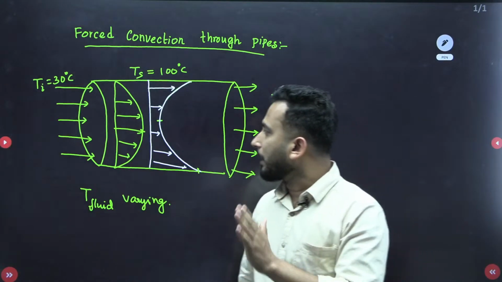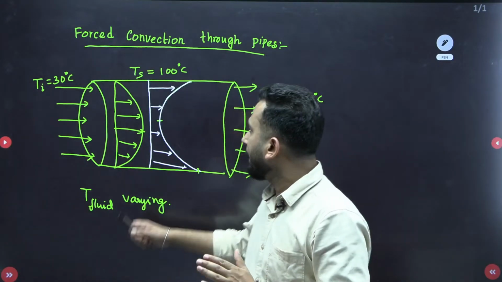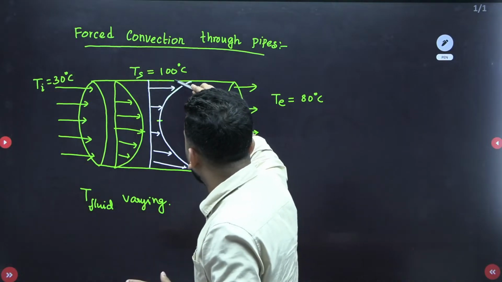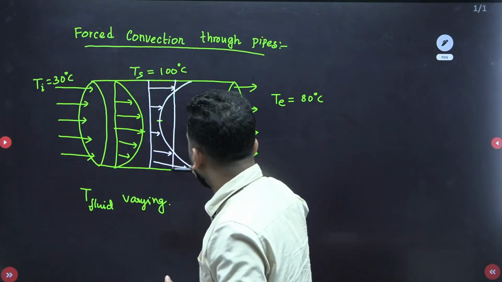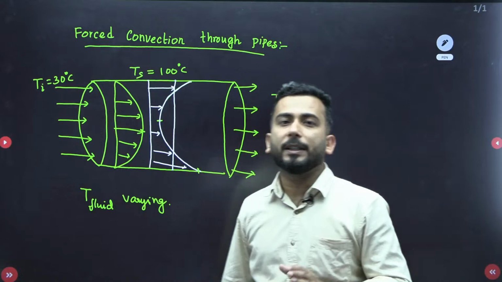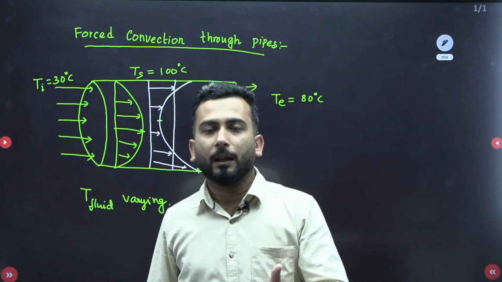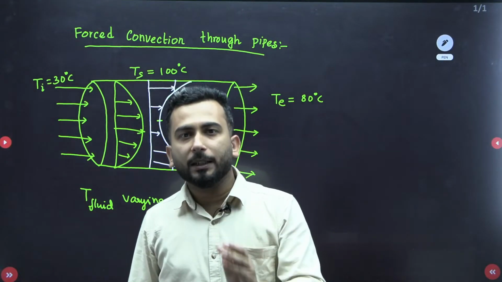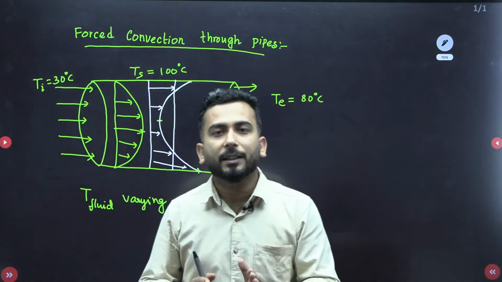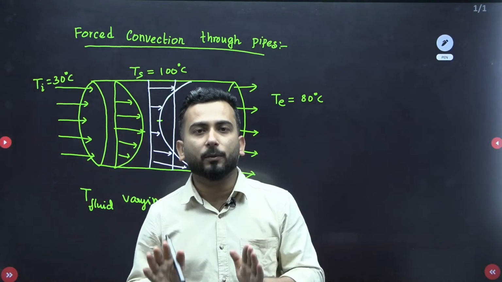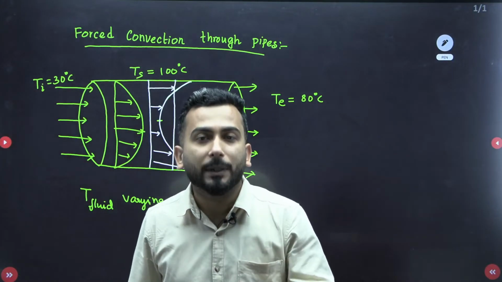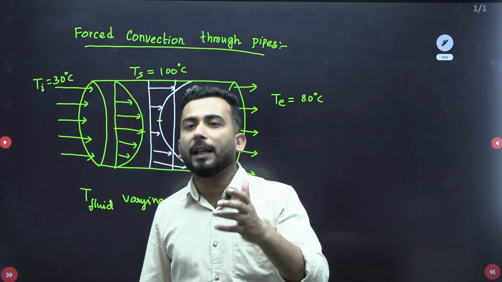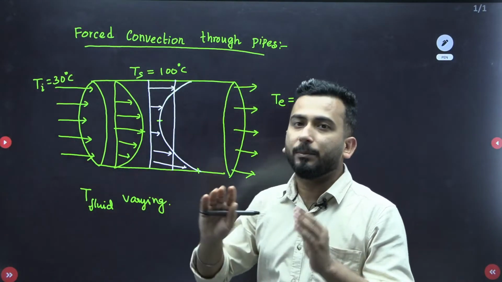For that purpose, there is a concept of mean temperature of the fluid. How we calculate the mean temperature is a separate topic. But we take the mean temperature everywhere across the length of the pipe, for mathematical purposes. When someone asks you, at this section, what is the heat transfer.